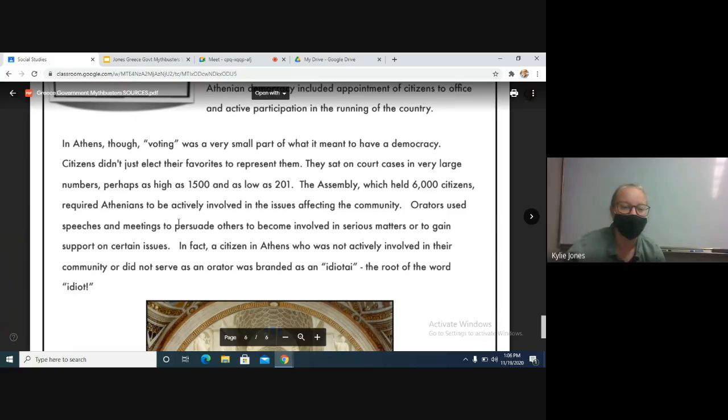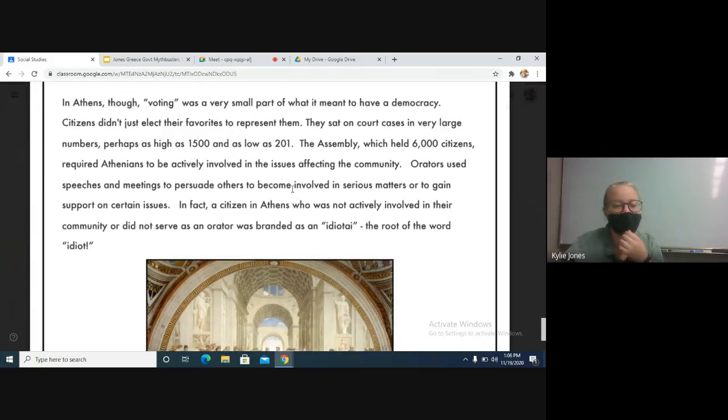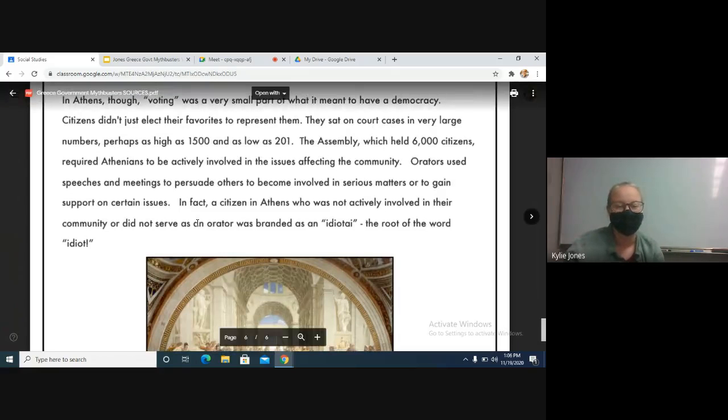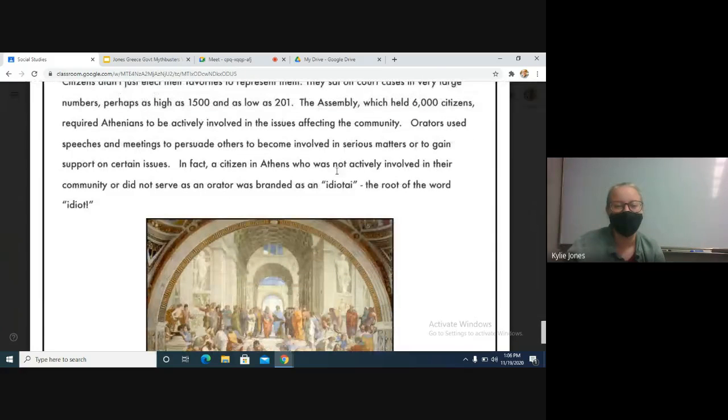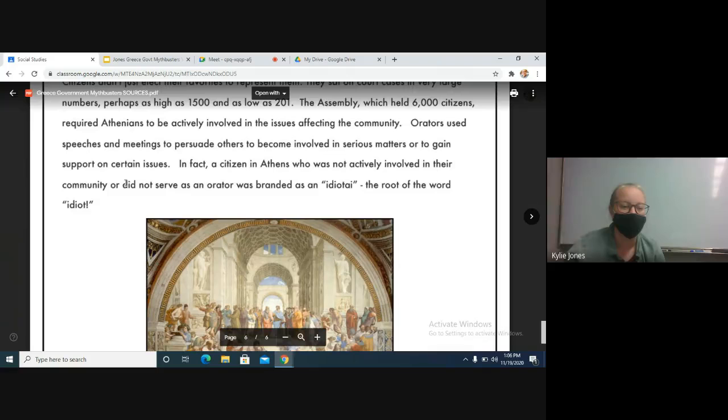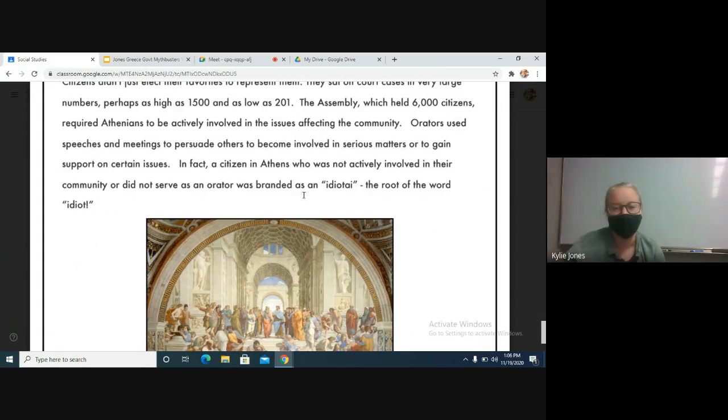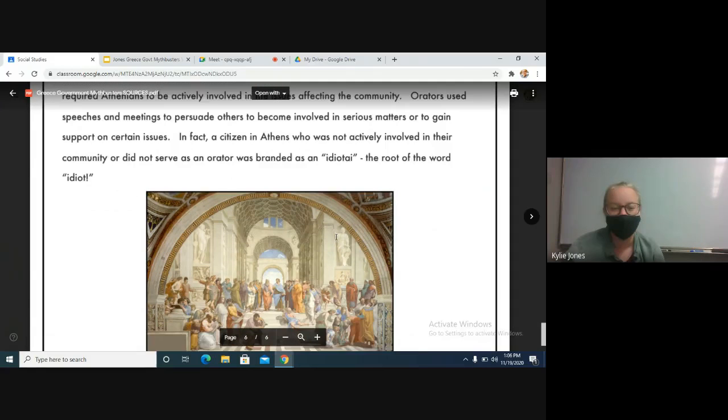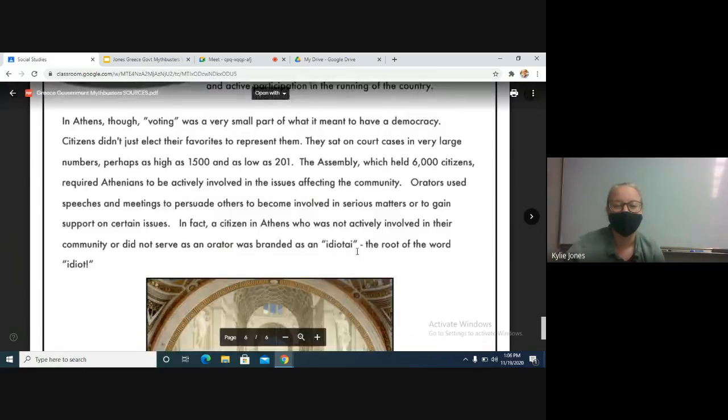Orators used speeches and meetings to persuade others to become involved in serious matters and to gain support on certain issues. In fact, a citizen in Athens who was not actively involved in their community or government did not serve as an orator and was branded as an idiotes, which is the root word for idiot. That's a fun one. I learned it.